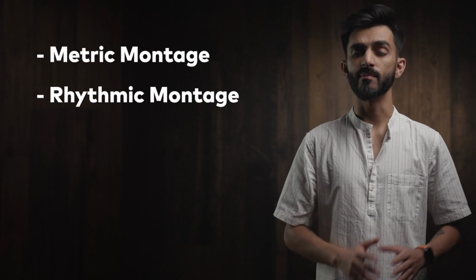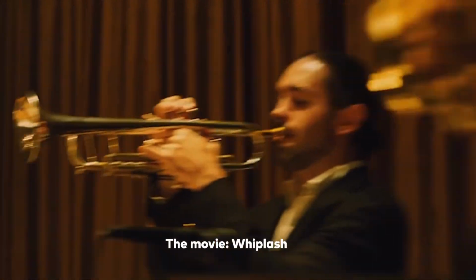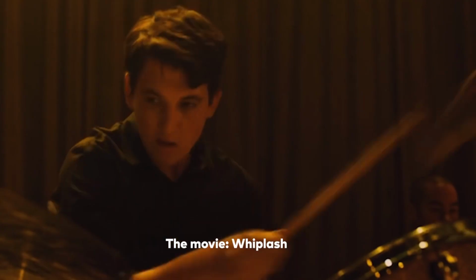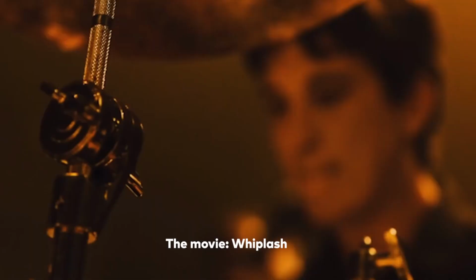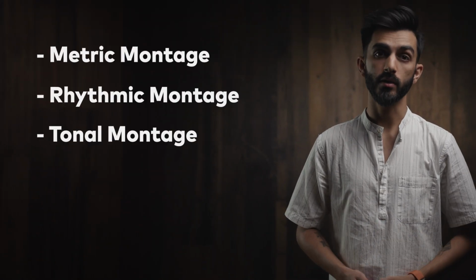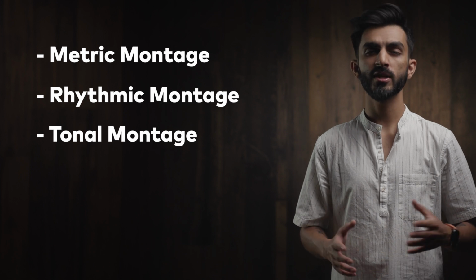Next, rhythmic montage. It's very similar to metric because it's still about the rhythm, but this one goes beyond just the length of the shots and considers the auditory and visual pacing of a scene, whether it's created by movements, actions, or music. Then comes tonal montage. It's when filmmakers put together shots that all feel the same emotionally.